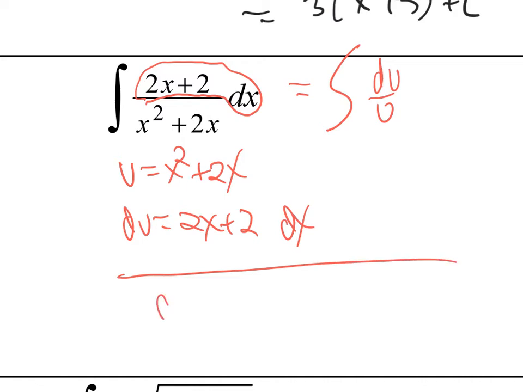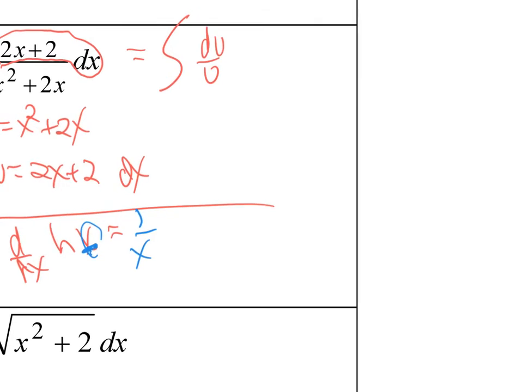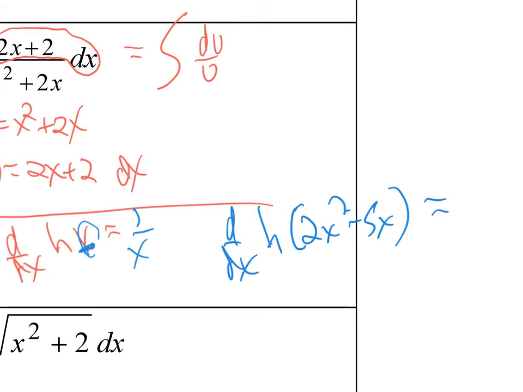Remember when I was taking the derivative with respect to x of natural log of x? It's du over u, derivative of this 1 over itself. Remember when I did the derivative with respect to x of the natural log of 2x squared minus 5x? That was du over u.